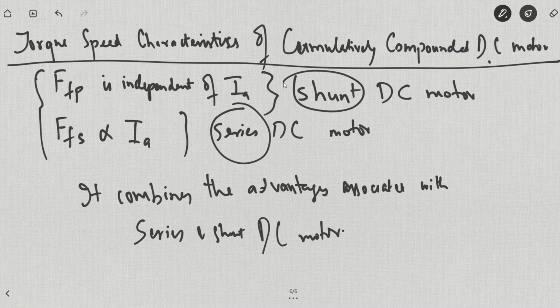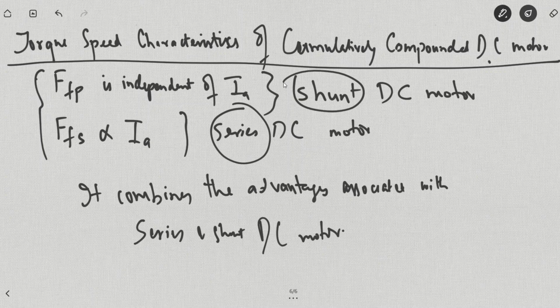In case of shunt field winding, we do not achieve higher starting torque, but in case of series DC motor, we achieve higher starting torques because the flux is entirely proportional to the armature current. That will be seen in a compounded DC motor as well, because it has a series field winding, and therefore it will produce a higher starting torque as compared to a shunt DC motor.